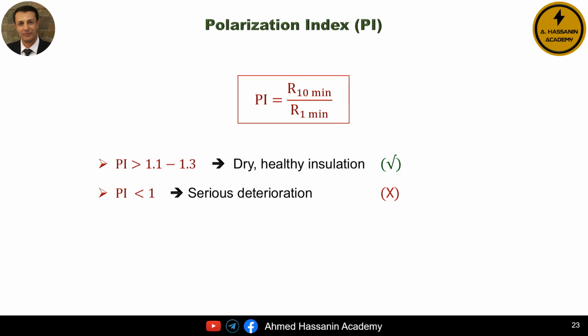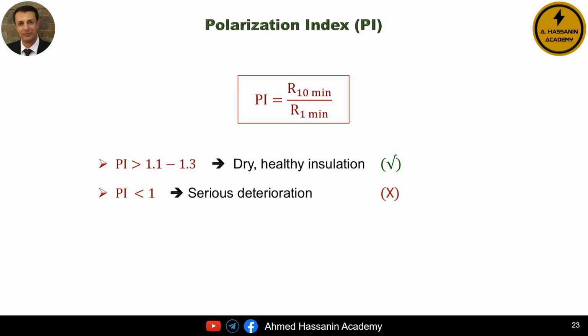It is very important to know that the polarization index test is a relative test, meaning that it can be performed even without waiting for the capacitive charging current and the absorption current to decay to zero. It is also very important to know that the polarization index test is not sensitive to temperature. In other words, with this test, no temperature correction is required for the measurement results, since, as I said, it is a relative test.